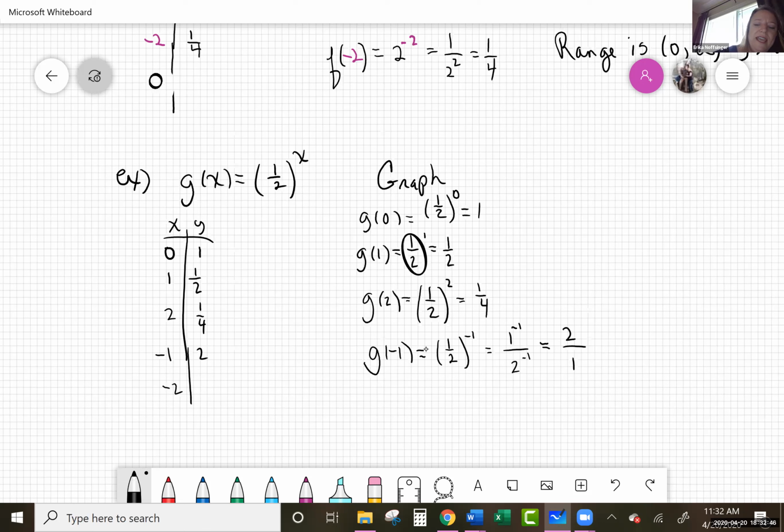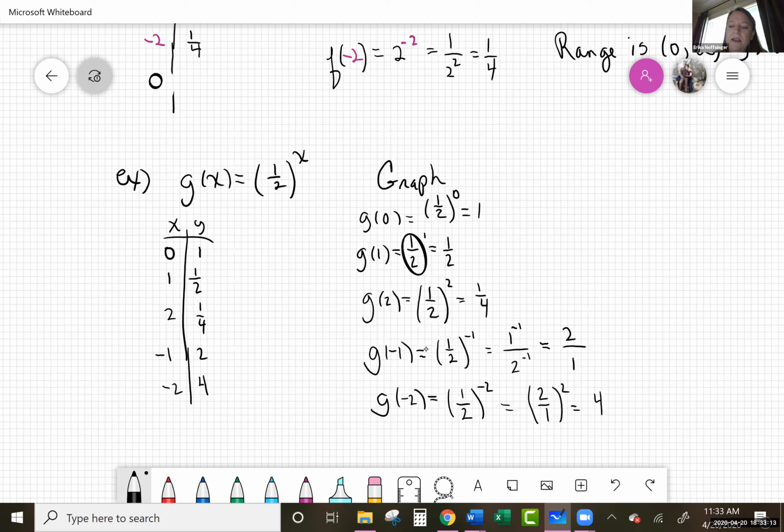So if I plugged in -2, g of -2. Another way to think of this is if you have a negative exponent with a single fraction in there, switch it. So I can take the reciprocal of 1/2, which is 2 over 1, and change the sign of my exponent to 2. So this is 2 squared, which is 4.